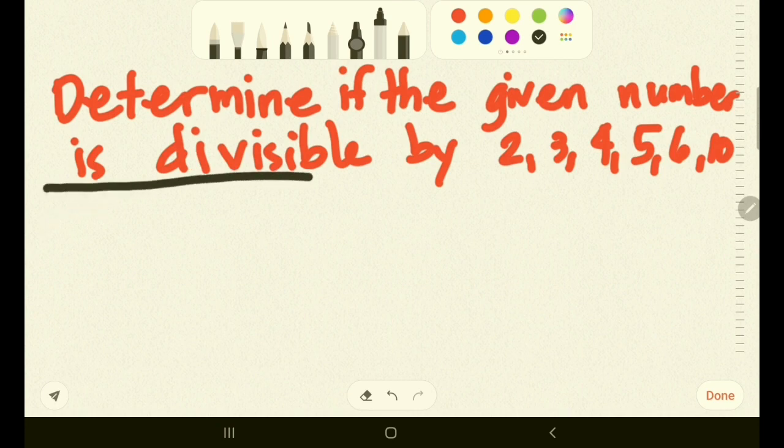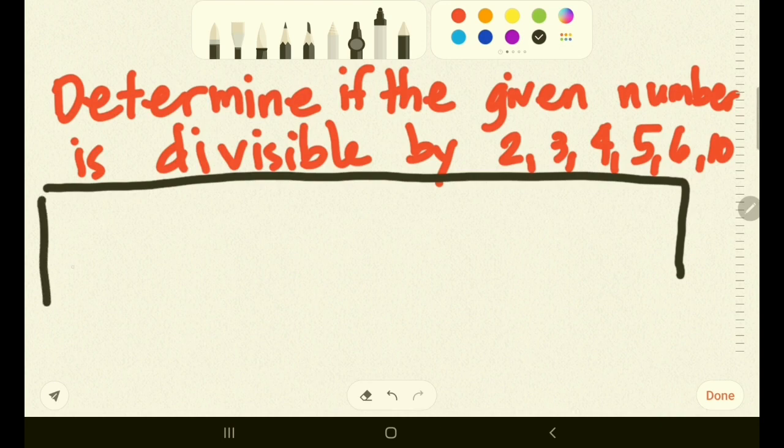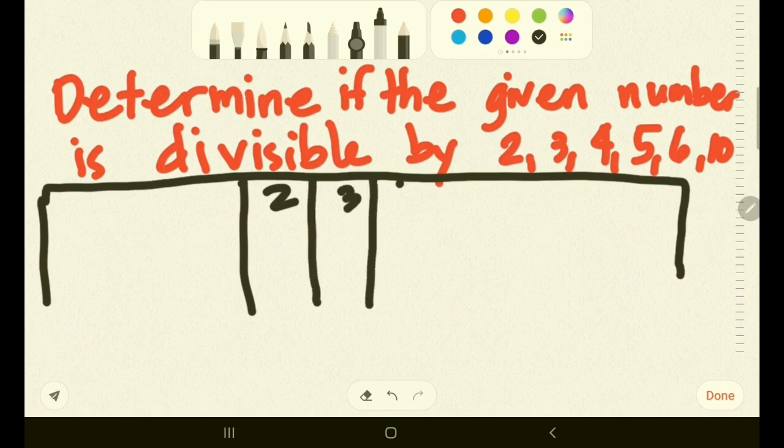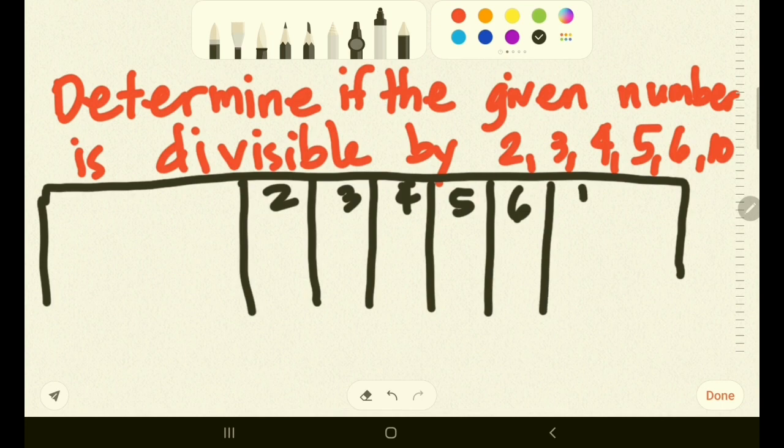Okay, we're going to make a table first. We have here columns for 2, for 3, for 4, for 5, for 6, and for 10.